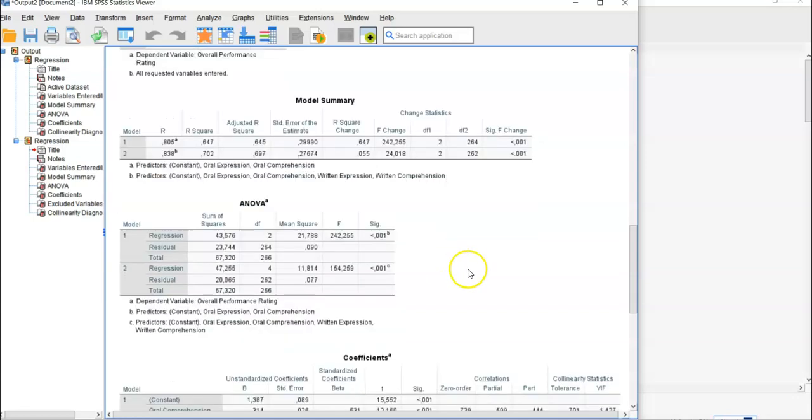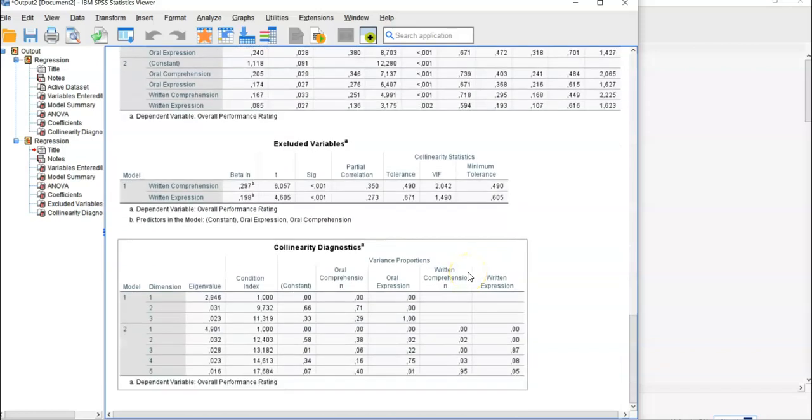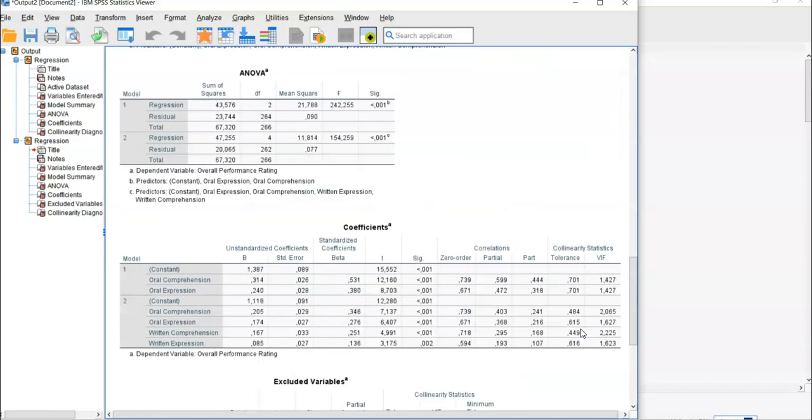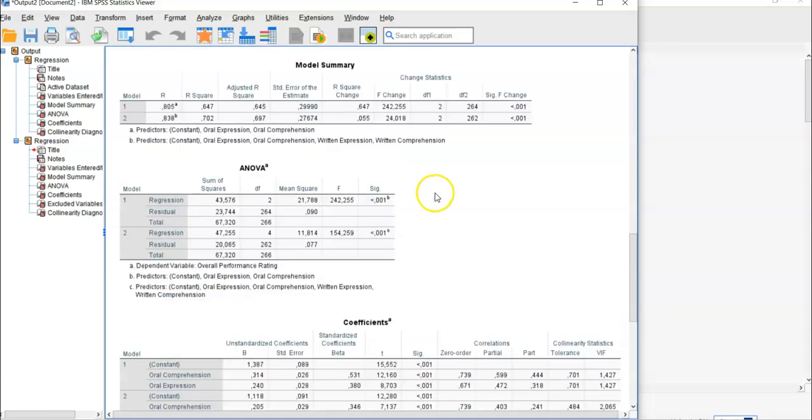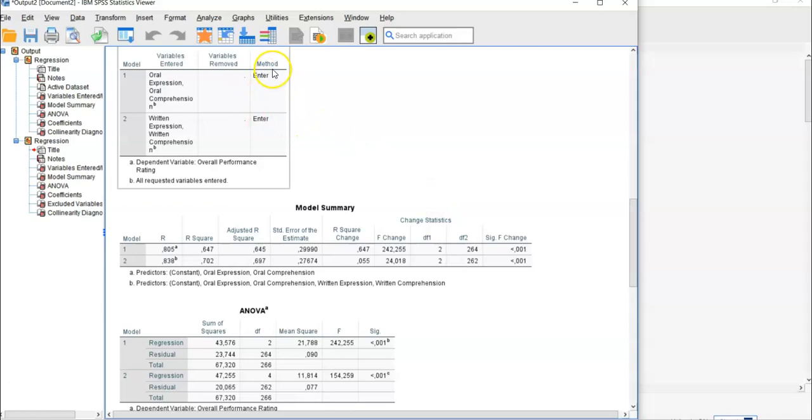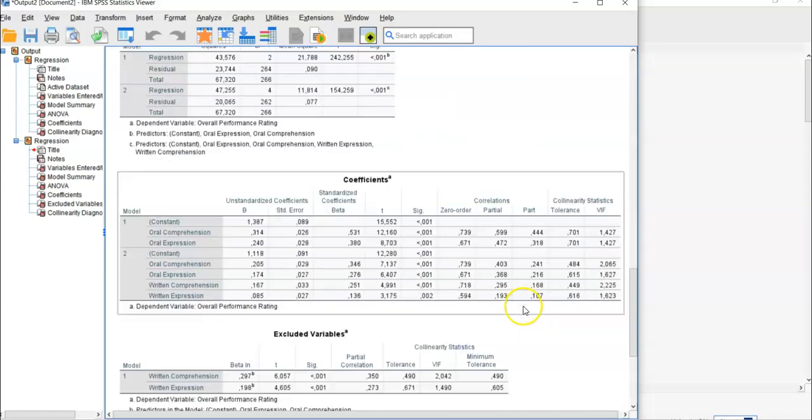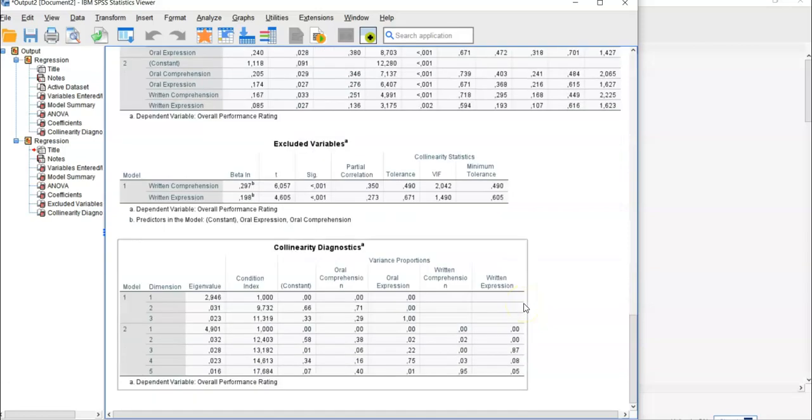We can find this from here. So this was the hierarchical regression. As you can see, only two models were built, even though we put in four variables, because we used the Enter method, and it doesn't separate which one has more variance. They are put together and then together again. So only two steps. This is hierarchical regression.